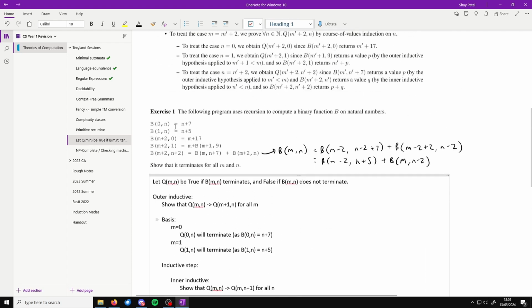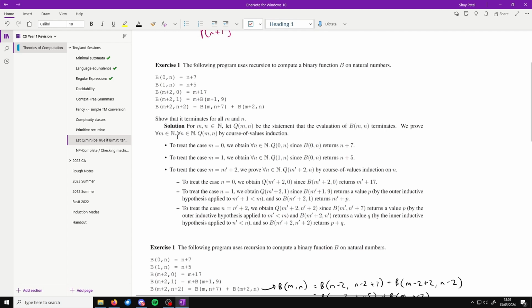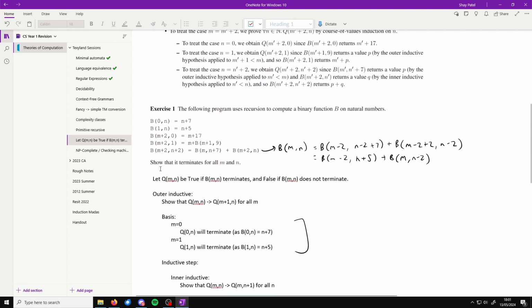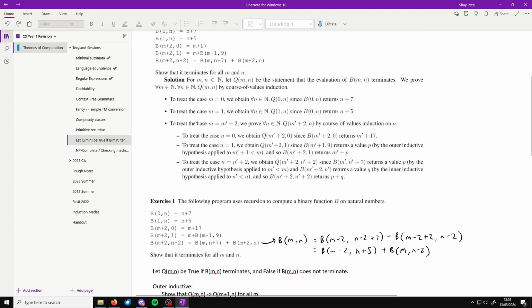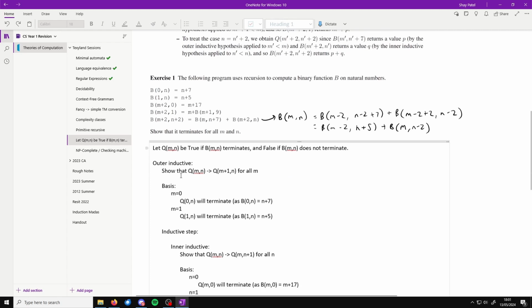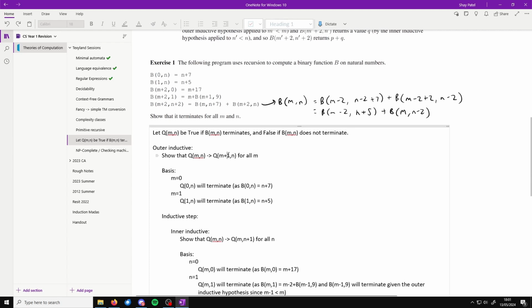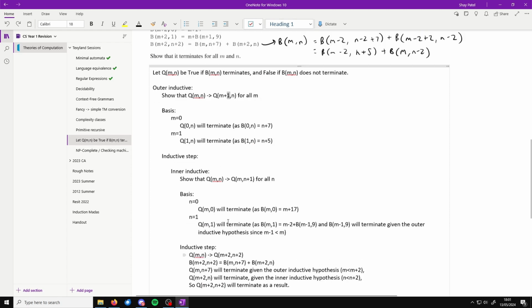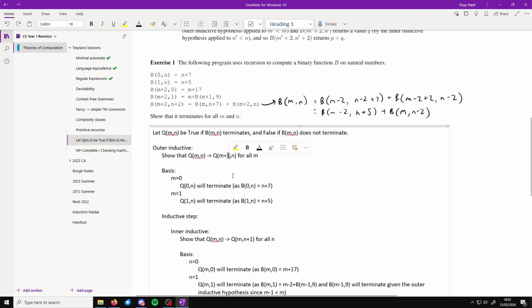Let's compare that to this, right? To treat m equals 0 and m equals 1, we just show that it terminates, which we did down here. Okay, if it's m to m plus 2, they did m plus 2 here, and then they said that just maps downwards. So I guess this would have to be m plus 2, but everything else doesn't really change.